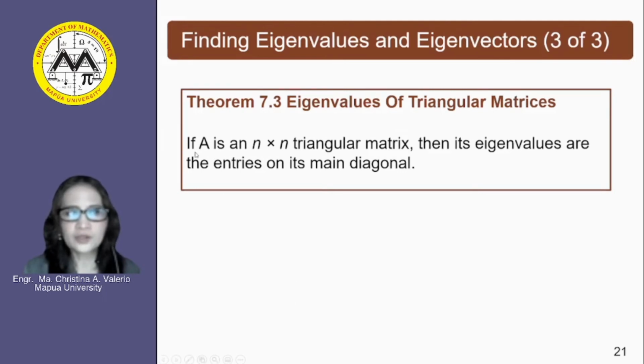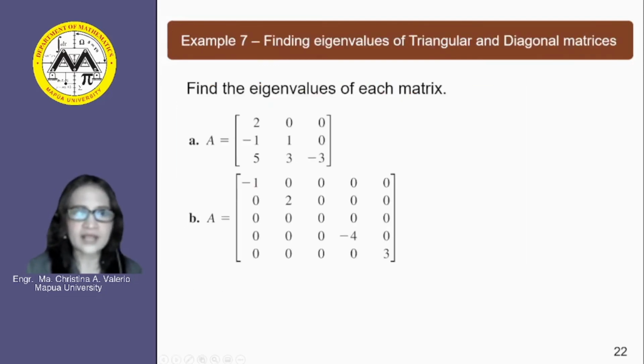Now, Theorem 7.3 tells us about the eigenvalues of a triangular matrix. If A is an n by n triangular matrix, then its eigenvalues are the entries in its main diagonal. Example, find the eigenvalues of each matrix. We have here matrix A, which is a lower triangular matrix.